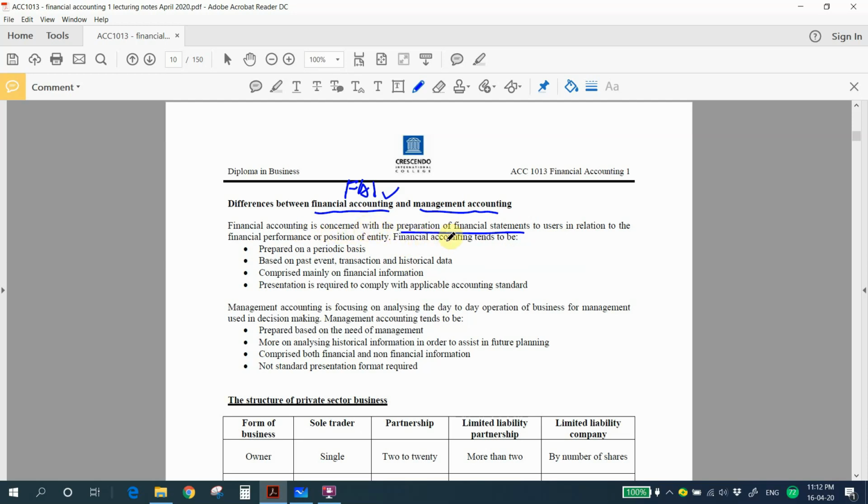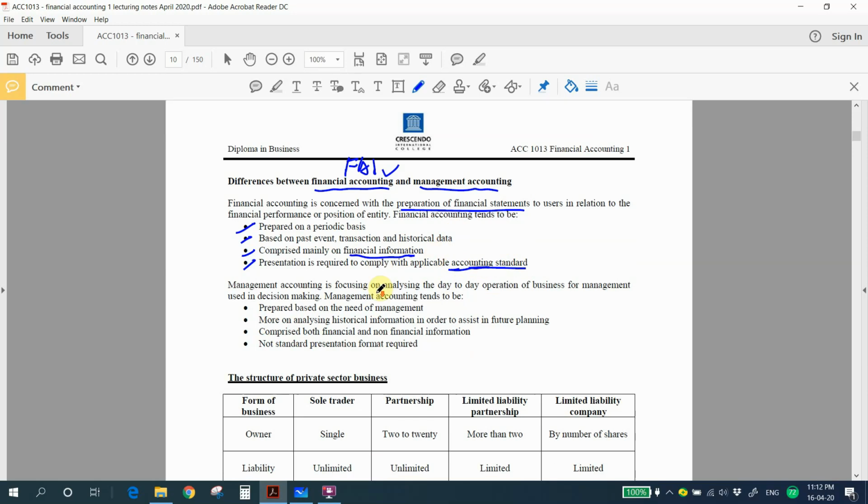So financial accounting tends to be prepared on a periodic basis based on past events, transactions, and historical data. We comprise mainly financial information. And lastly, presentation is required to comply with applicable accounting standards.